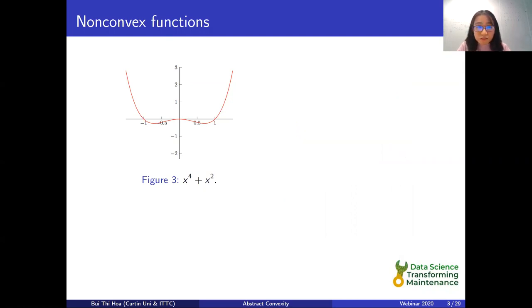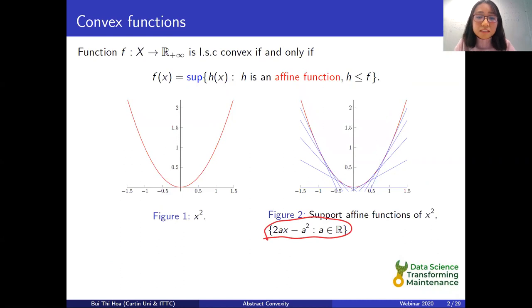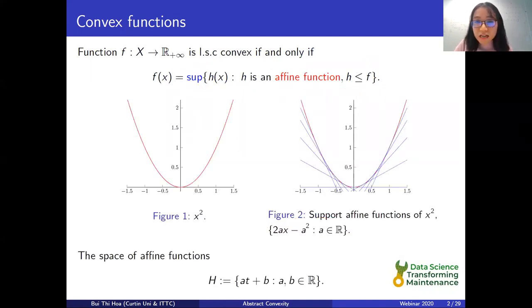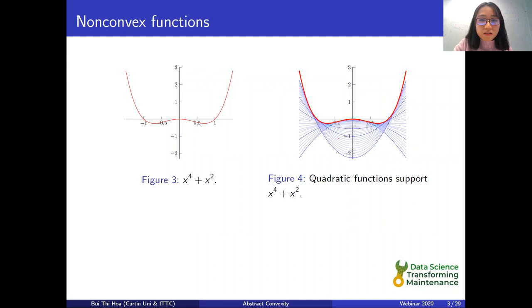So the idea of abstract convexity is we still keep the supremum operator, but instead we change the set here. Instead of taking the supremum over a set of affine functions, we change the affine functions to some other elementary functions. In this example, the elementary functions are quadratic functions.